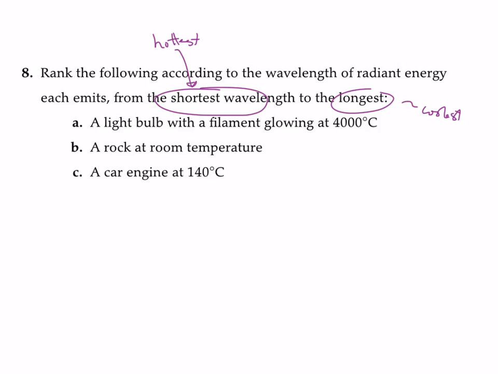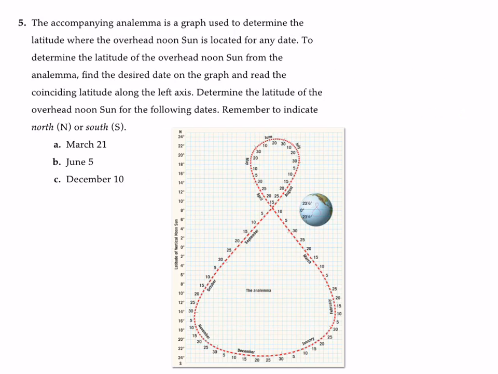Then the last one is a problem. Let's see what it looks like. Okay, this one we talked about: the noontime sun gets this high in the winter solstice, and the noontime sun gets this high at the summer solstice. That's exactly what this diagram was talking about. How high is the sun?